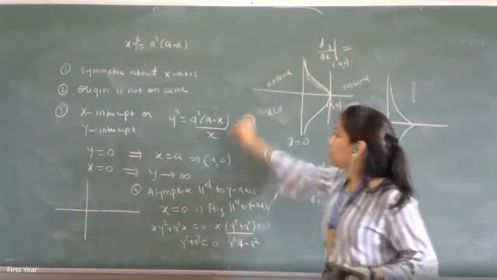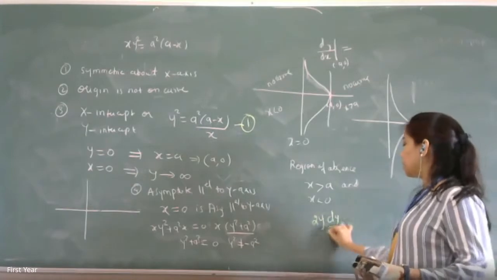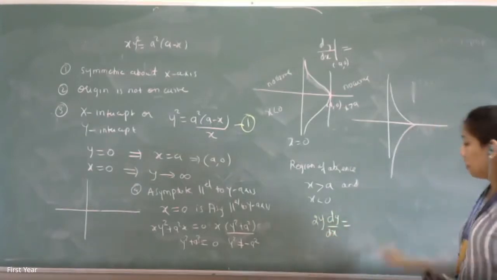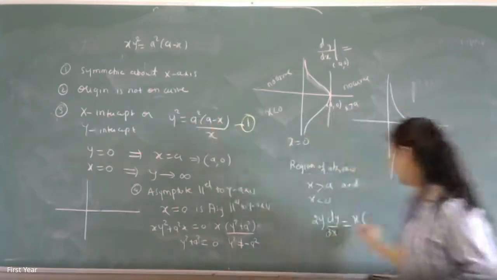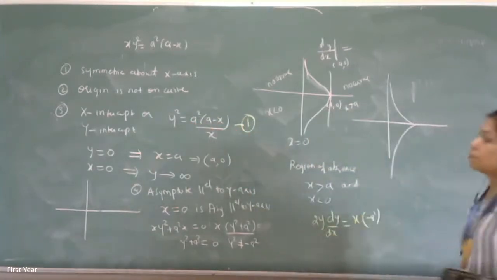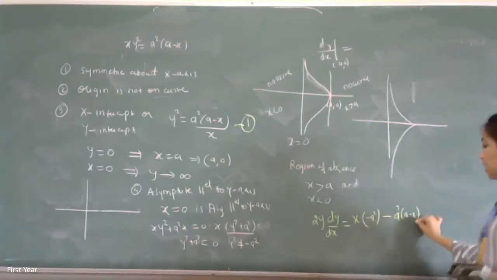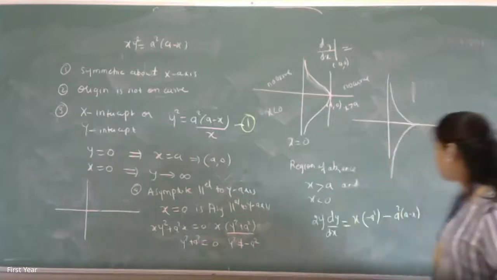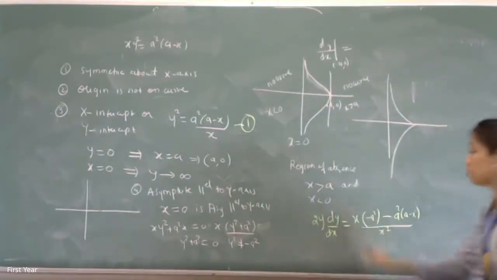2y dy by dx will become equal to x into derivative of the numerator, which is minus a square, minus a square into 1 minus x into derivative of denominator, that is 1 with respect to x, upon x square. What is your point?